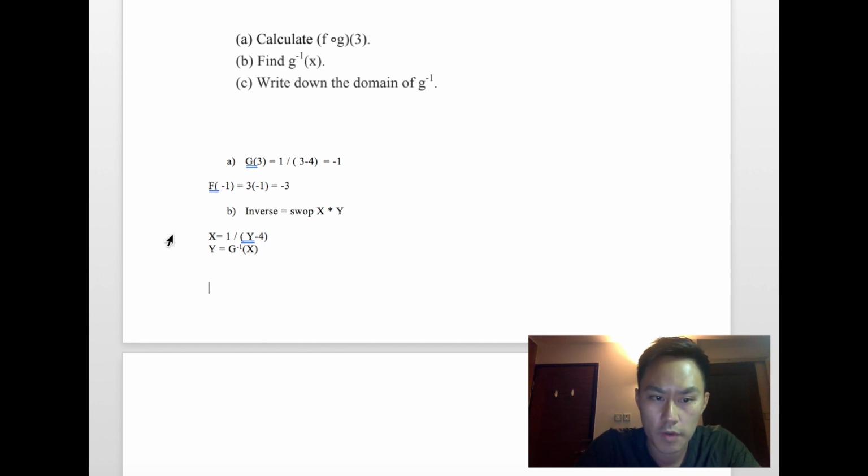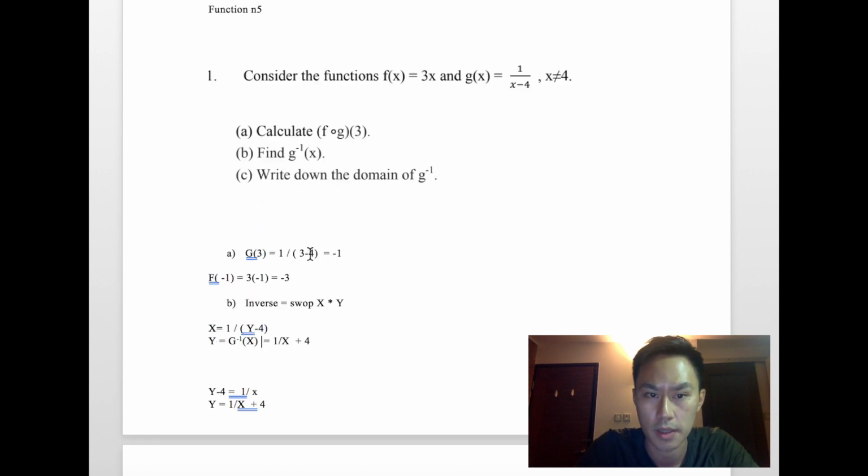We move it over to the left hand side and move the x to the right hand side. Then we have y minus 4 equals 1 over x, and then y is equal to 1 over x plus 4. That's it. The answer for the inverse is 1 over x plus 4. Very, very easy.